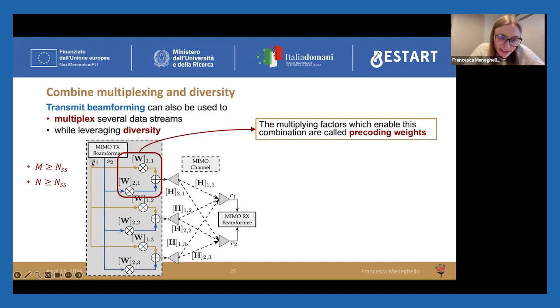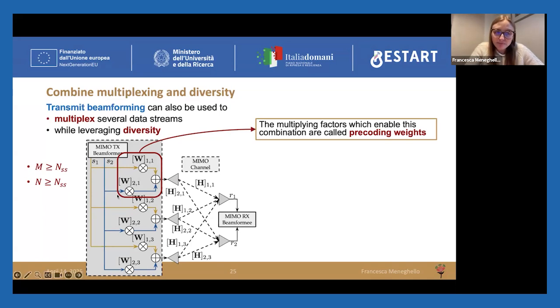As you can see here, stream S1 is transmitted from antenna 1, then from antenna 2, and also from antenna 3. If you think about it, this is the diversity gain, because we are transmitting it through 3 independent fading channels. But we are also transmitting both S1 and S2 simultaneously, and this is the multiplexing gain.